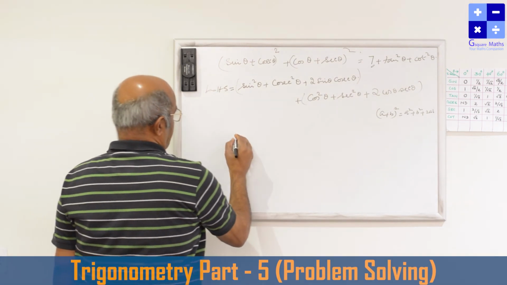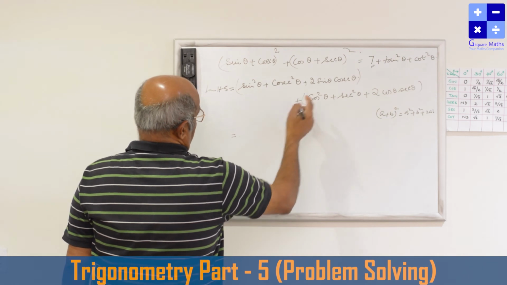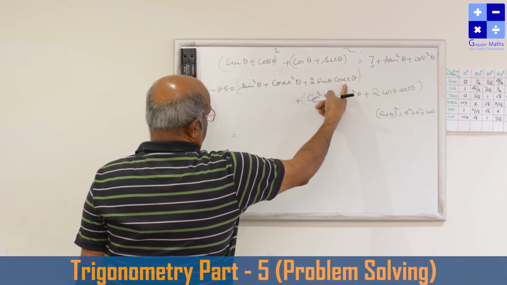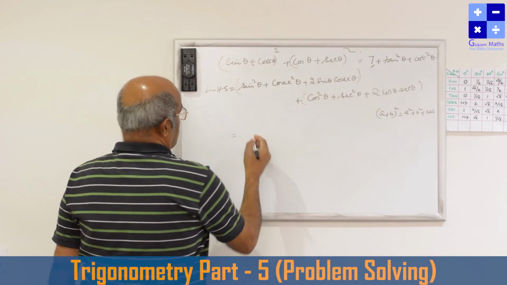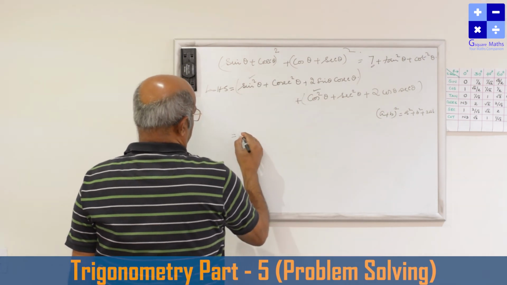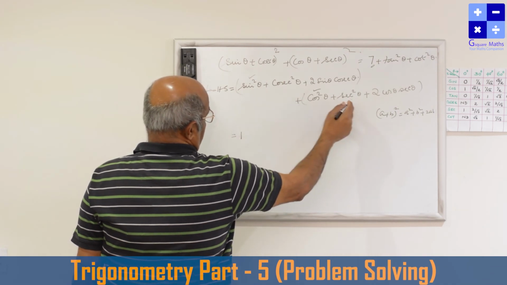Now let us see. And this sin theta, cosecant theta. Cosecant theta is nothing but 1 by sin theta. So this is nothing but, take this 2 is 1. Cosecant square theta and sec square theta.